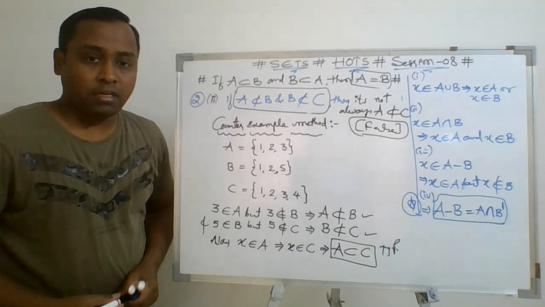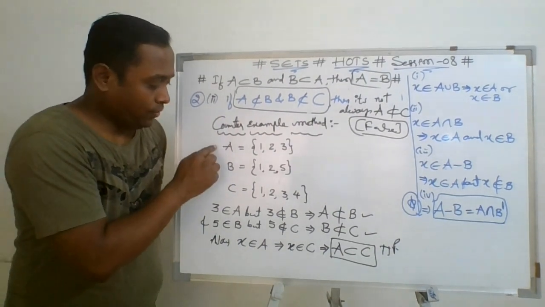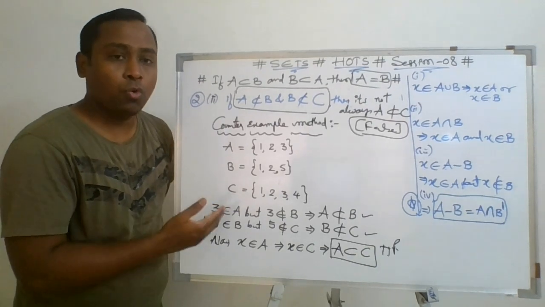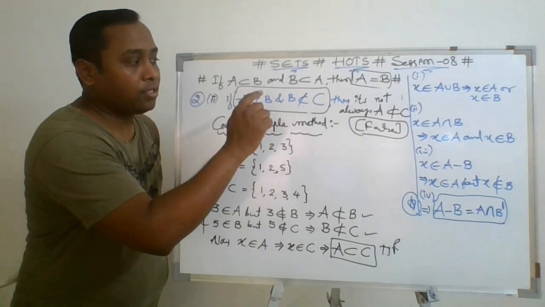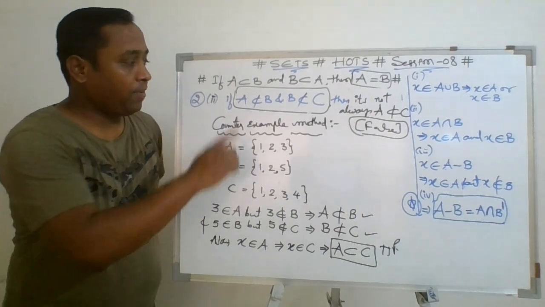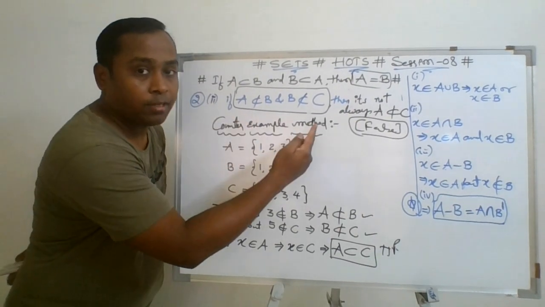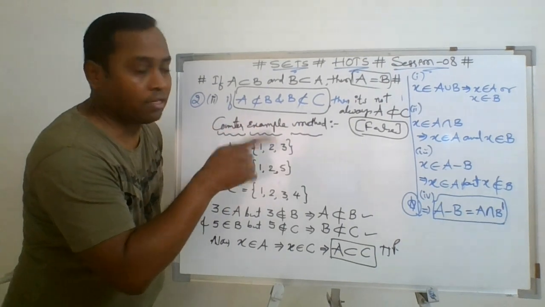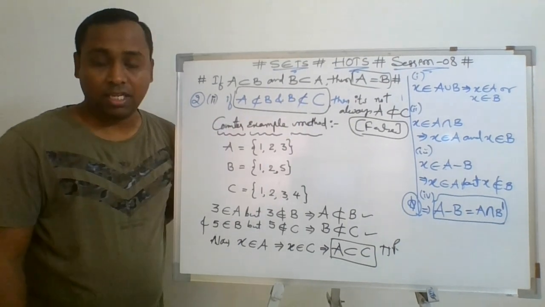What I have done in this statement is set an example to show this statement is not always true. So if A is not a subset of B, B is not a subset of C, it is not necessary that A is not a subset of C.